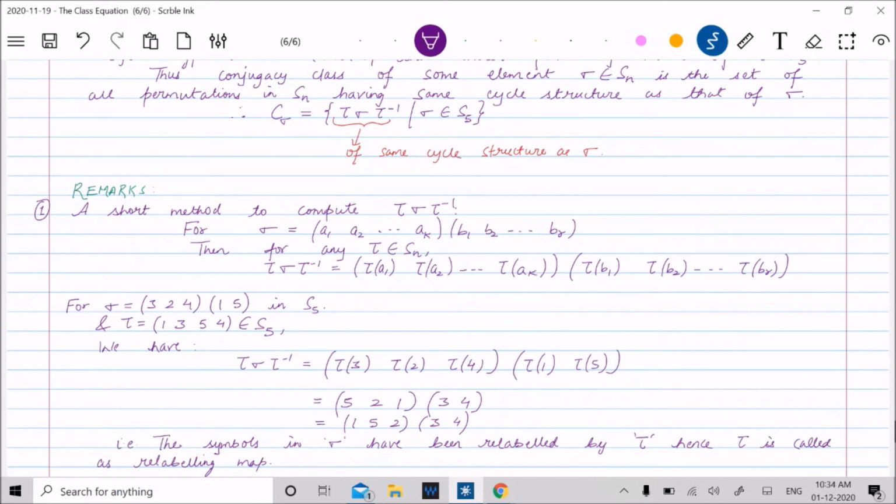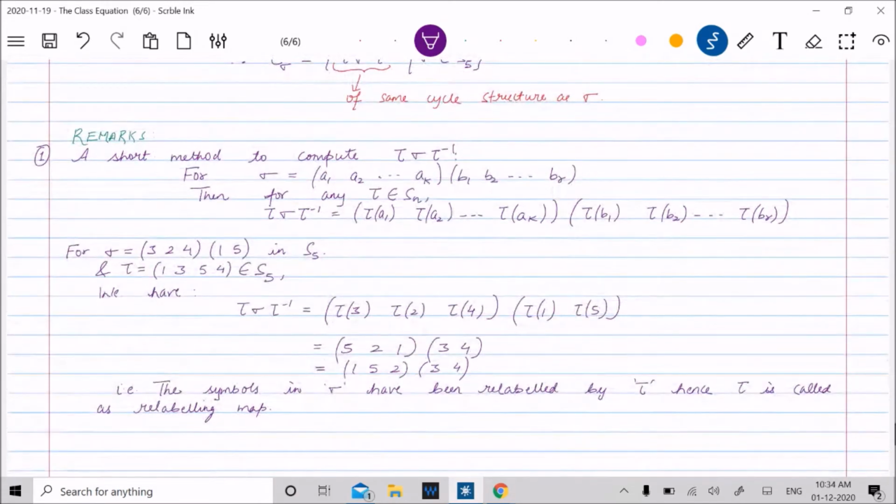That is okay. Now we'll come to the second remark. It says that let sigma 1 be this one, (1 2 3). Please note that this is not just true for S5. This holds for Sn actually. I have just taken an example of S5, right? So 1, 2, 3, 4, 5.